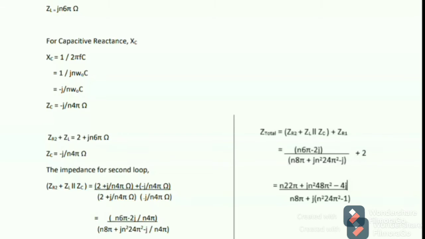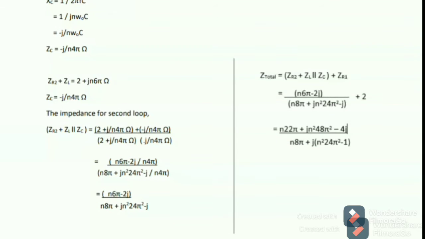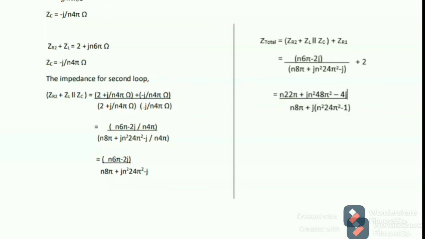Next, we need to find the impedance for the second loop. The formula is bracket ZR2 plus ZL parallel ZC bracket. Then we solve the equation, we've got the answer n 6 pi minus 2j over n 8 pi plus j n square 24 pi square minus j. Lastly, we need to find the total impedance.